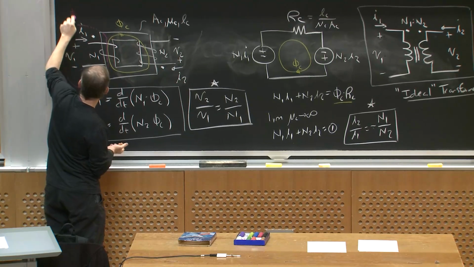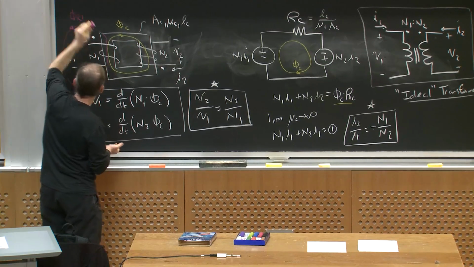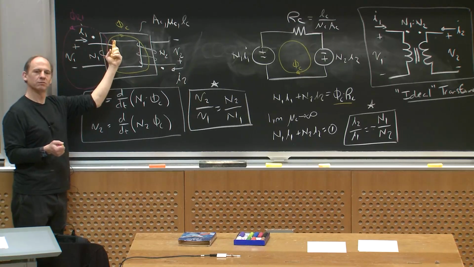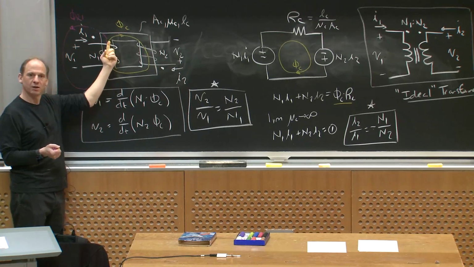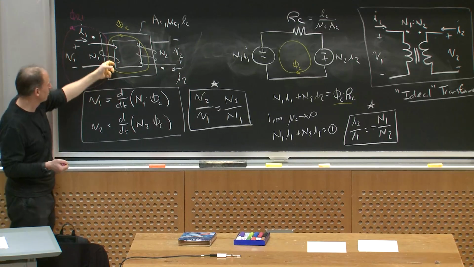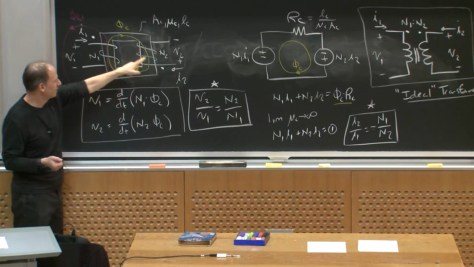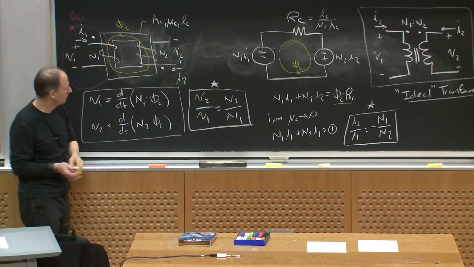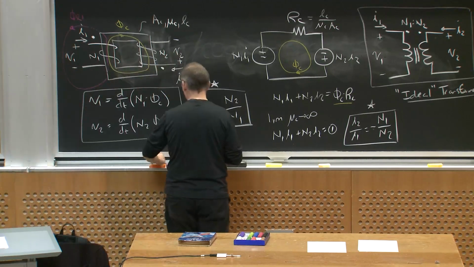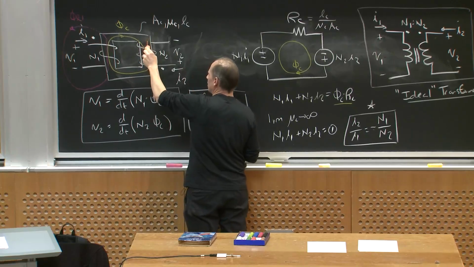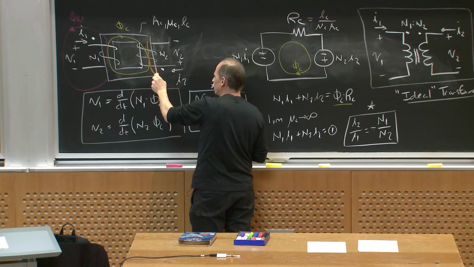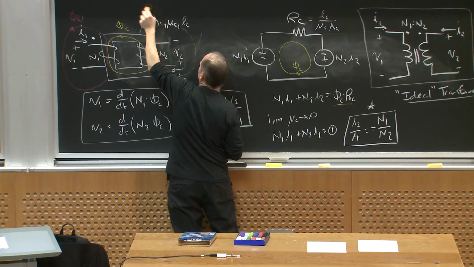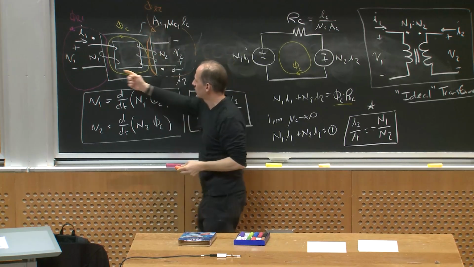So I'm going to get some leakage flux, which I'll call phi leakage 1, which links the primary winding, but eventually either here or somewhere else jumps out of the core and doesn't make it over to the second winding. Likewise, I could have some flux that would link the second winding, but then jump out of the core, and I'll call that phi leakage 2, and it never links the primary winding.